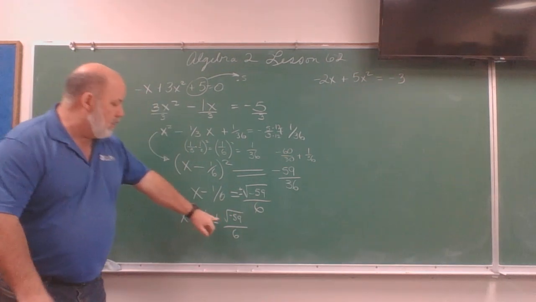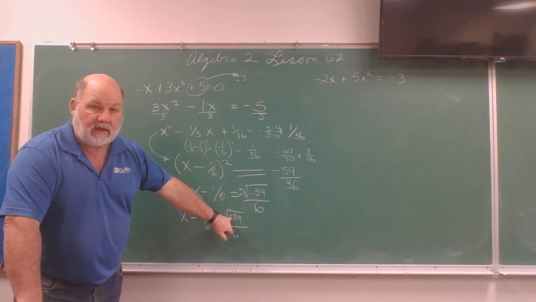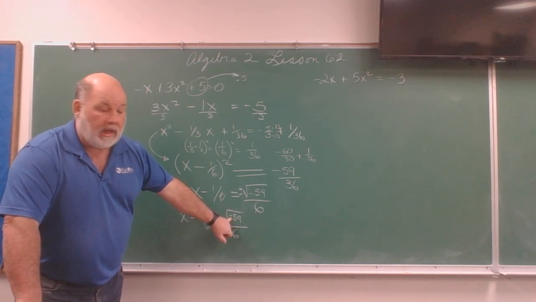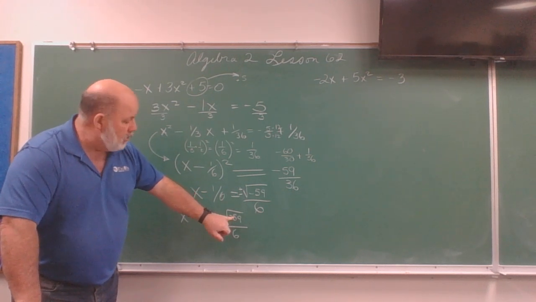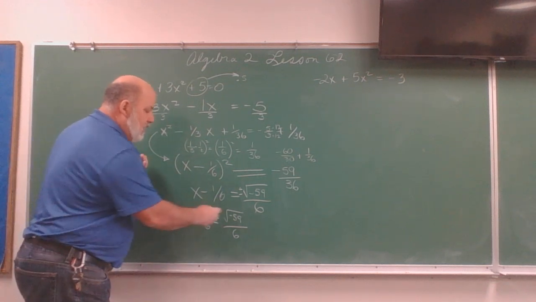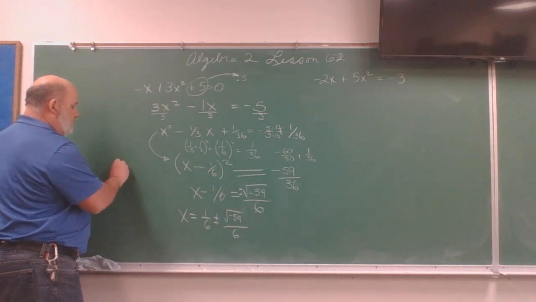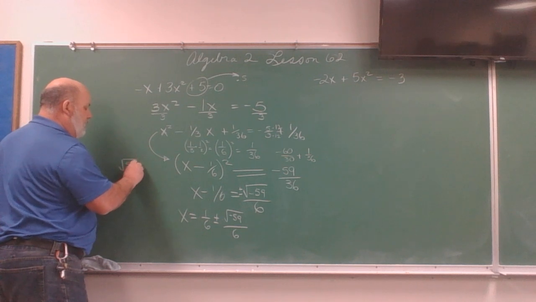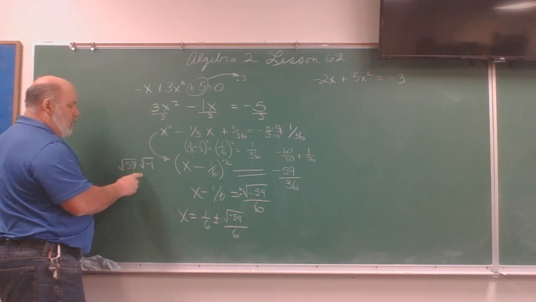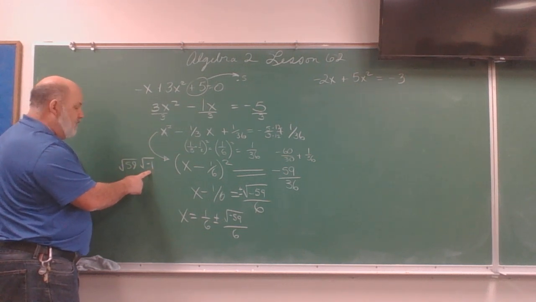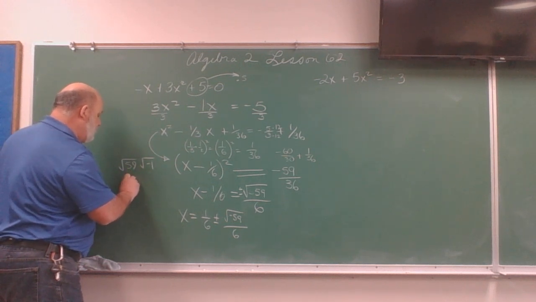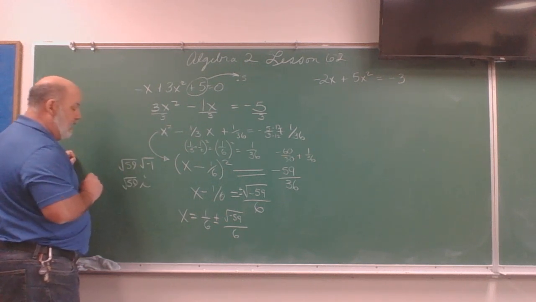Now, the other day we learned about Euler's notation. Anytime we have a negative under the radical, we can erase that negative, because this is just like the square root of 59 times the square root of negative 1. And we learned that the square root of negative 1 is i, so we get the square root of 59 i.